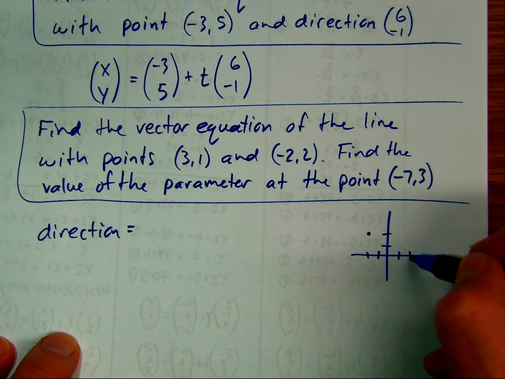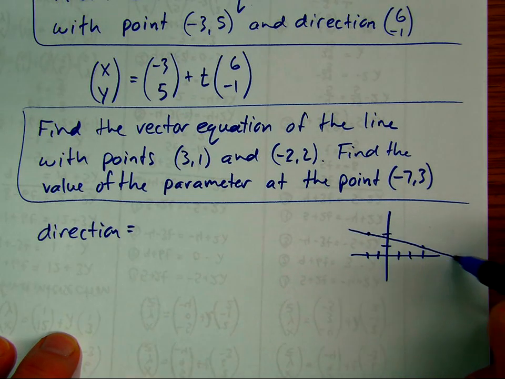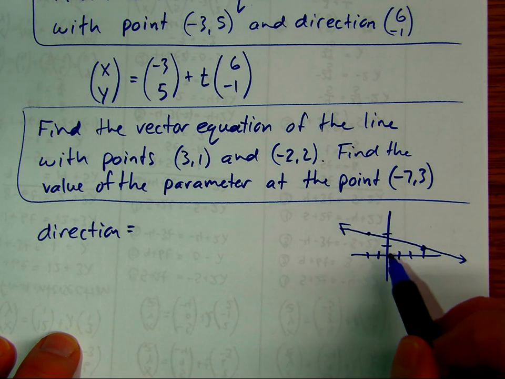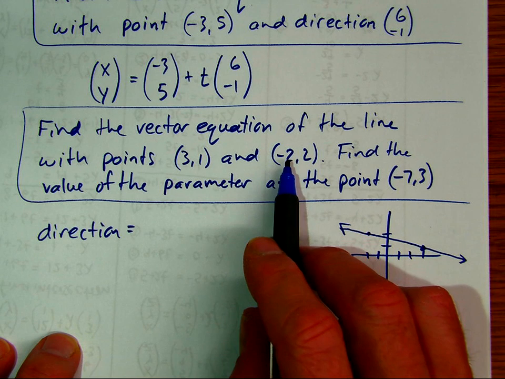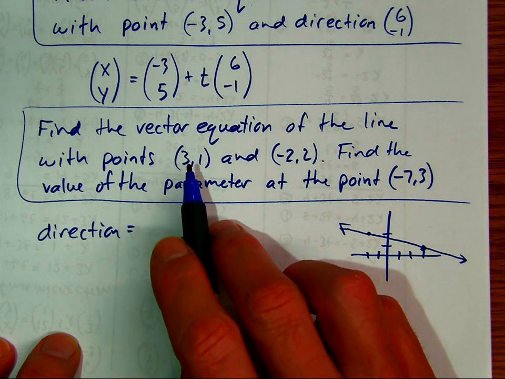There's that point. We're going to have a line going through the points, and we need to have the direction. It could be from this point to that point, or the other direction. It won't matter. So let's go ahead and say it's from this point to that point.